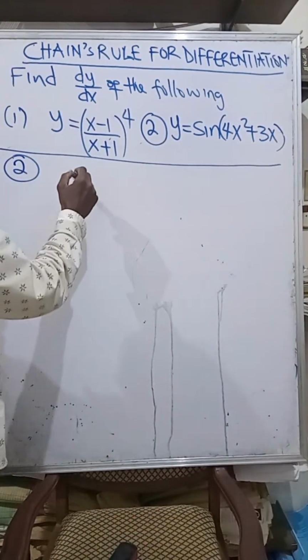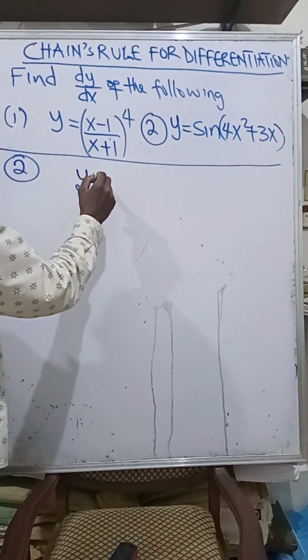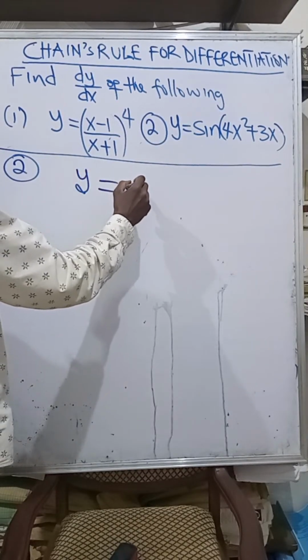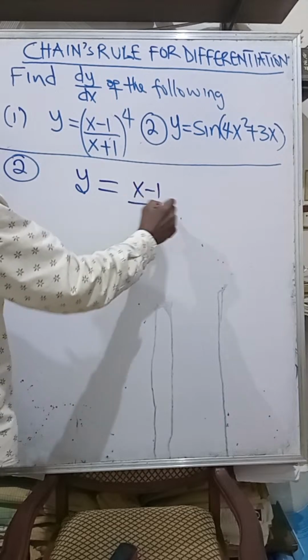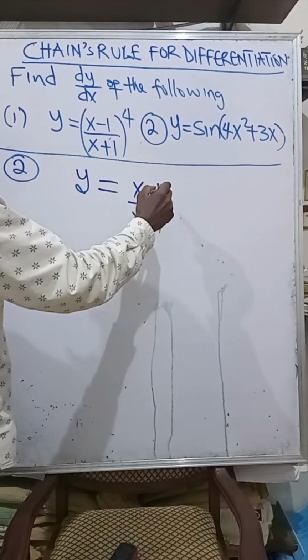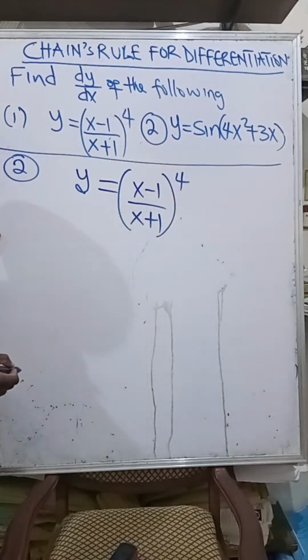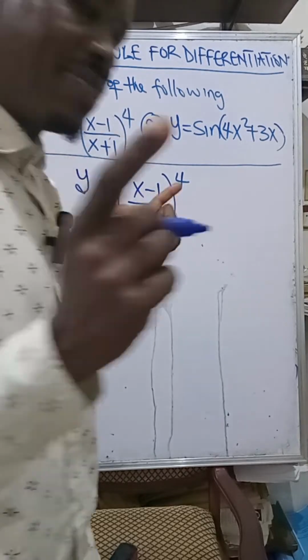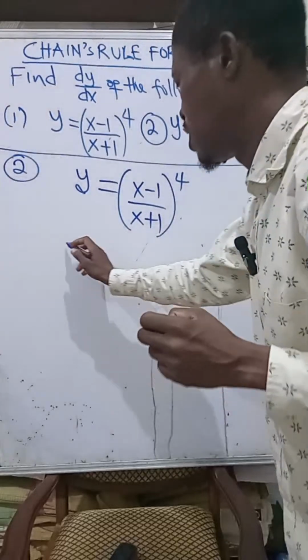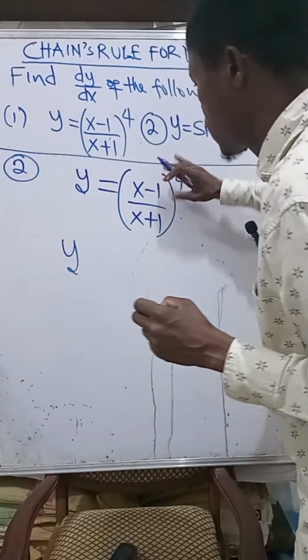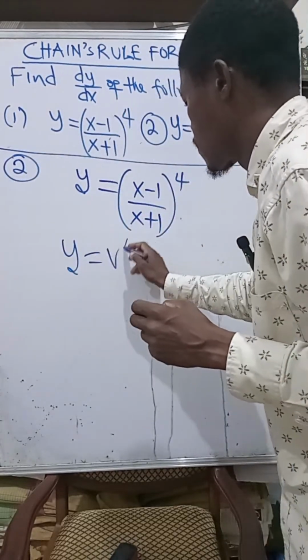What we have here is this question: y equals (x minus 1 over x plus 1) all to power 4. To avoid confusion, to avoid mistakes, to avoid errors, the best way to do it is to give this fraction a letter.